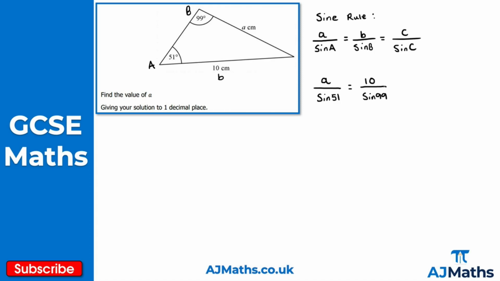Like so. And what we're looking for here is the value of a. So basically we're just rearranging now and making a the subject. So using inverse operations, we're going to times both sides by sine of 51.